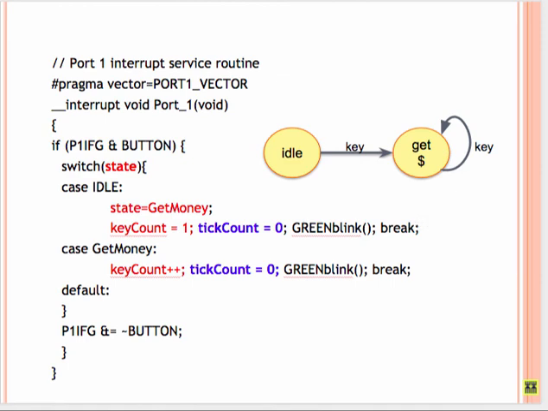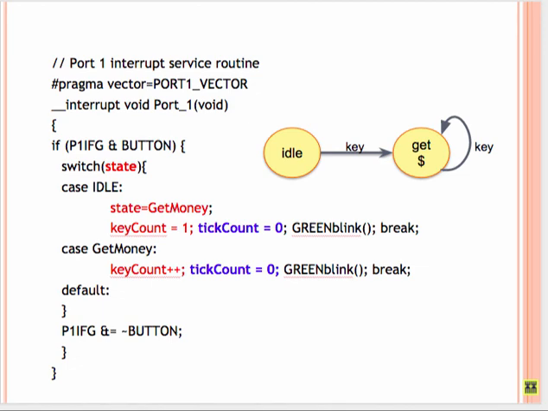This is the key interrupt service routine. If the P1 IFG interrupt flag is set for the button, meaning we got an interrupt on the key, we check the state. If the state is idle and we got a key, we go to the get money state.